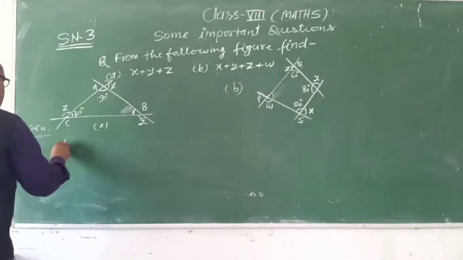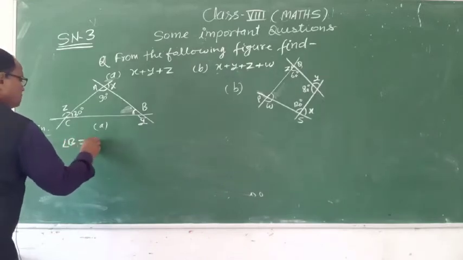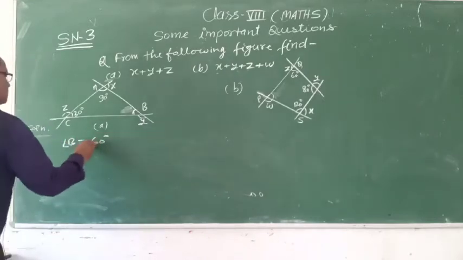Thus the angle B is equal to 60 degrees.